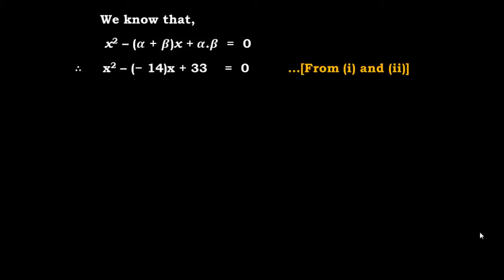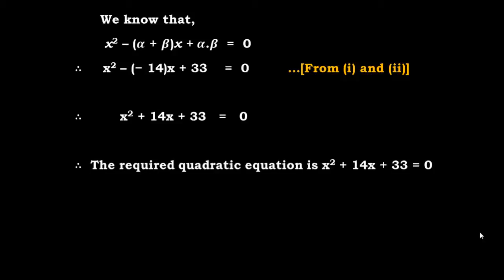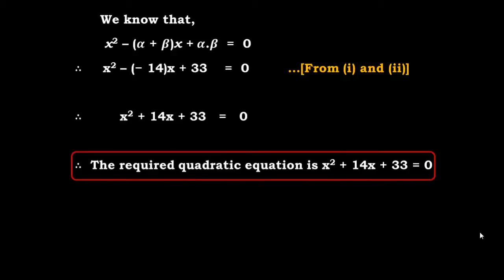From 1 and 2. Minus minus becomes plus. So x square plus 14x plus 33 is equal to 0. So we can write the answer. The required quadratic equation is x square plus 14x plus 33 is equal to 0.